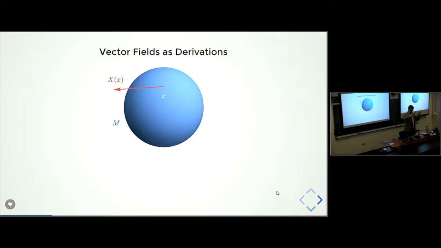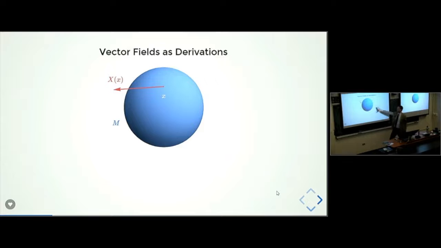Actually, all my pictures are of the sphere because it's easy to draw. If you have the sphere in R3, then it's clear what you mean by the tangent space. It's the plane which touches at this point and is sort of tangent in some appropriate sense.